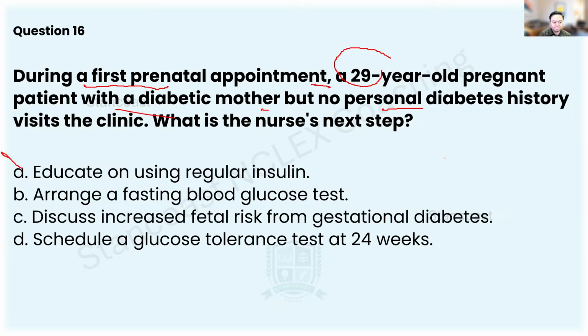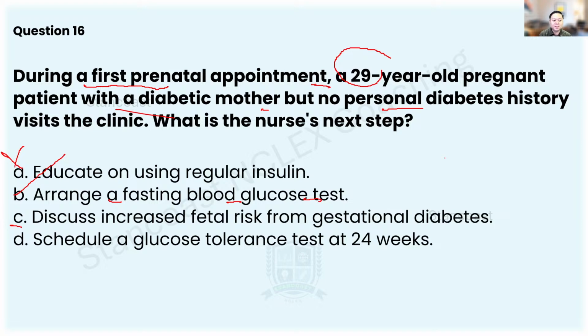If you answered letter C, discuss increased fetal risk from gestational diabetes. We know that the patient is at risk of developing this one, but the specific concerns depend on the actual test results. We want to confirm this by arranging a fasting blood glucose test first.